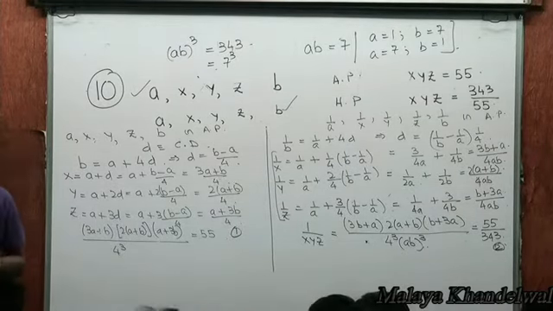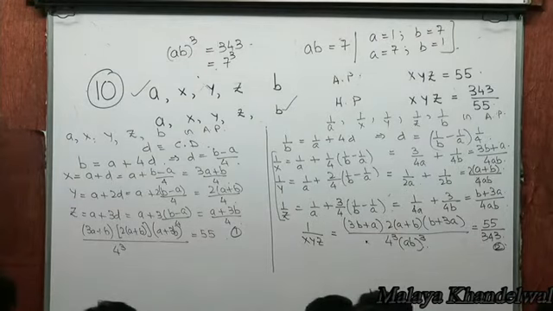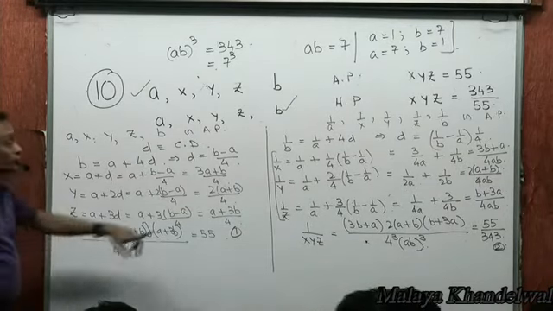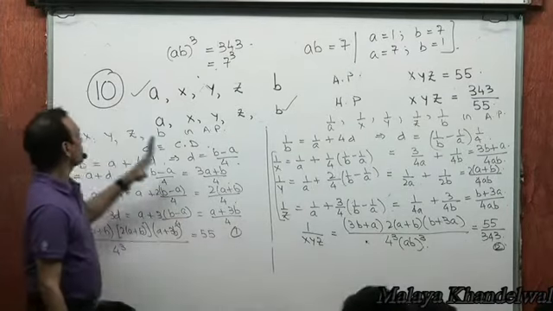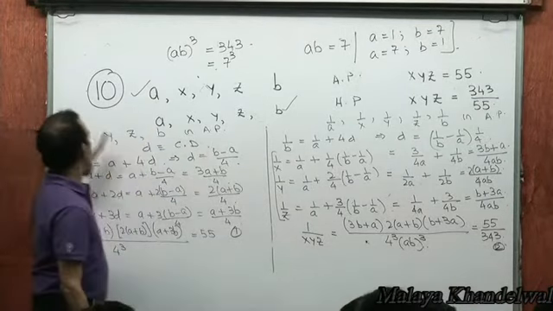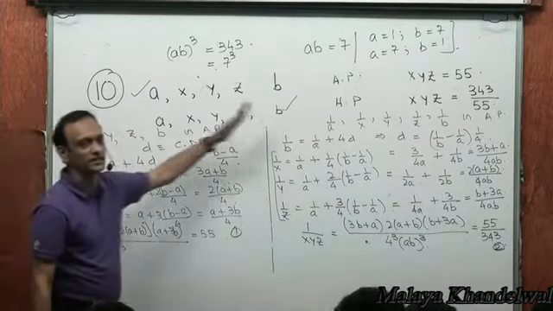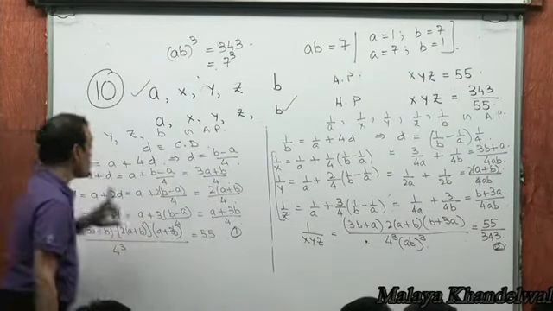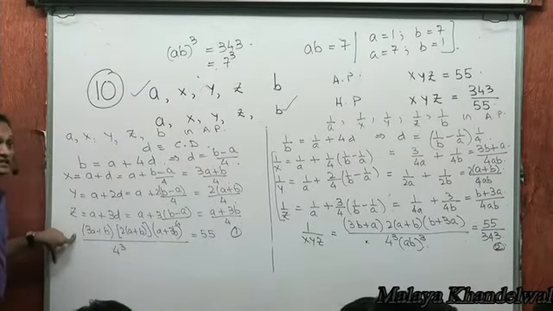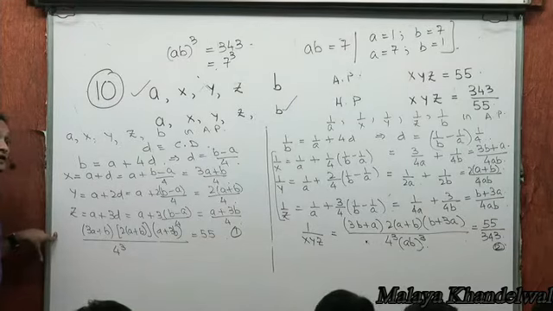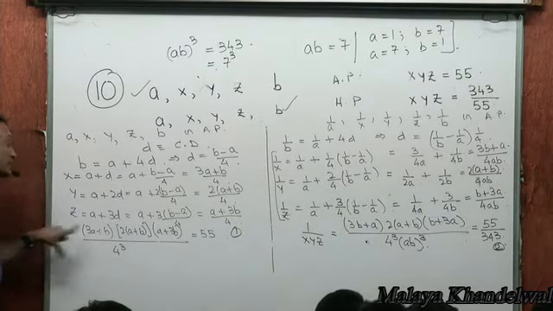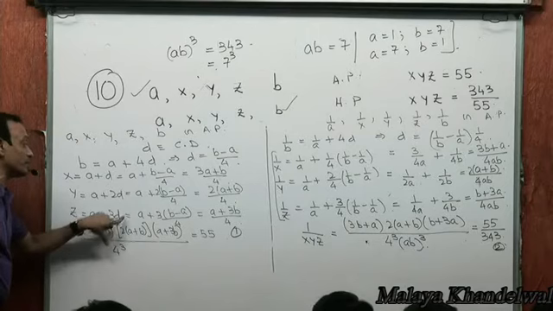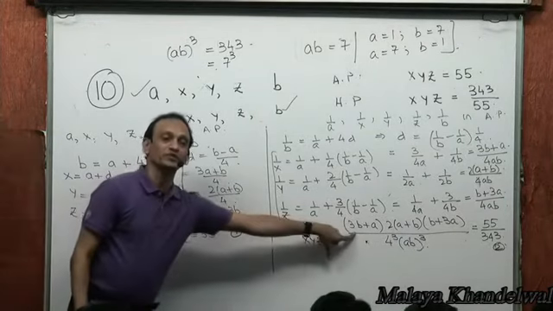Actually, one more thing that I want to tell you, although I did it so elaborately: to find 1 by xyz here, this is the same as this, except that a has been replaced by 1 by a, x has been replaced by 1 by x, 1 by y. So, if this was my x, y, z earlier, replace x by 1 by x, y by 1 by y, z by 1 by z, and a by 1 by a, b by 1 by b, and you will get this only.